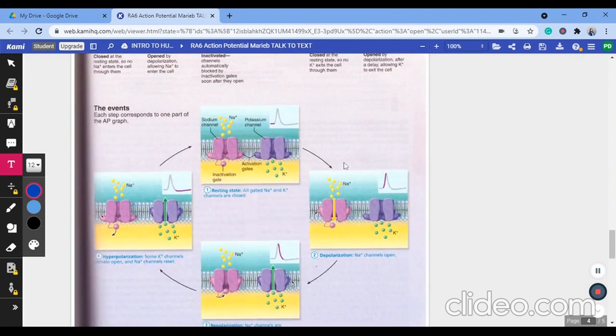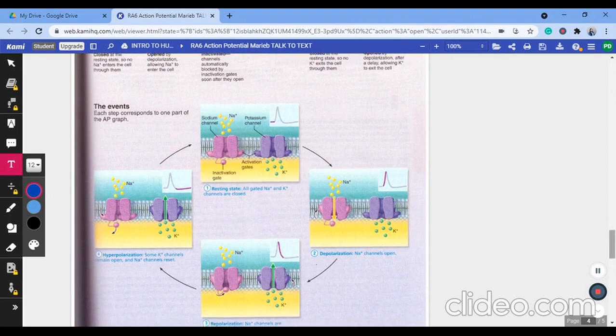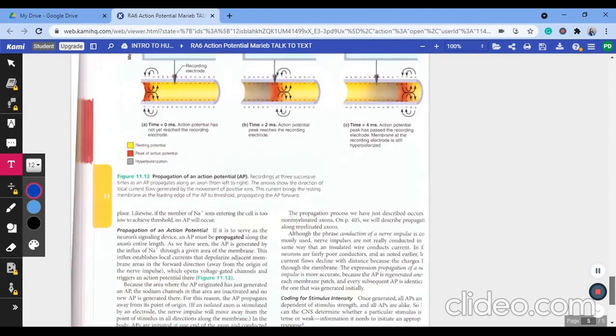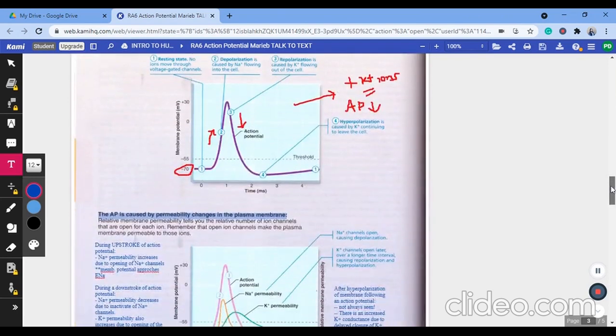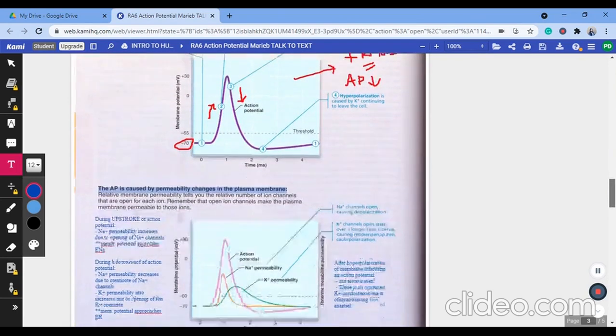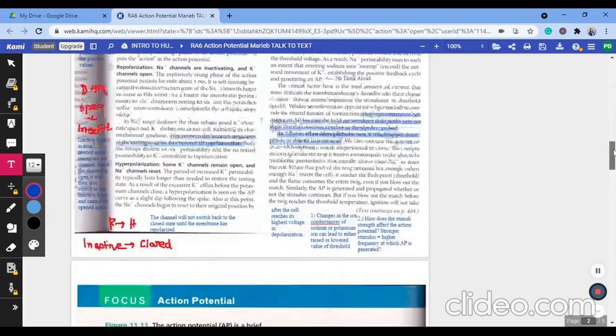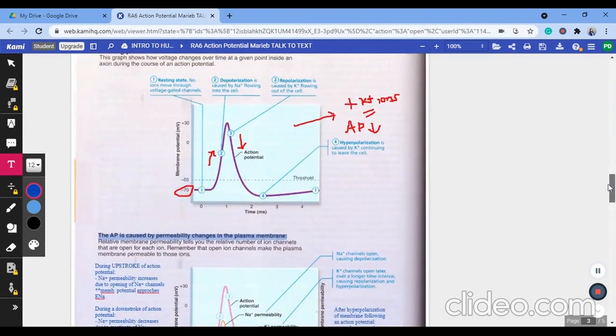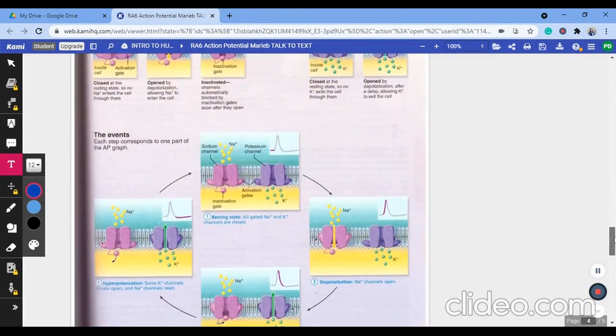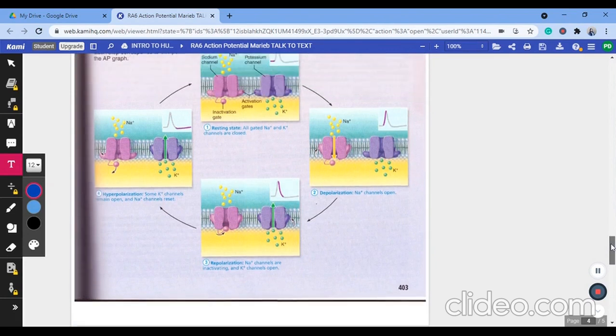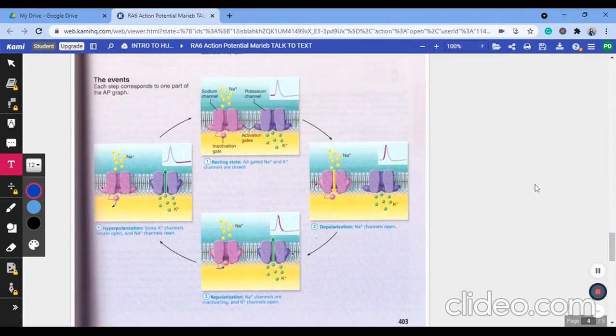So the events. Number one is the resting state. For the first part we saw the graph representation of the steps of the action potential, but this one is more of a visual representation of it happening.